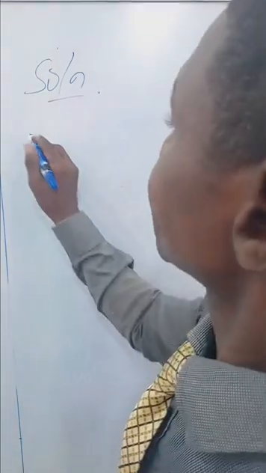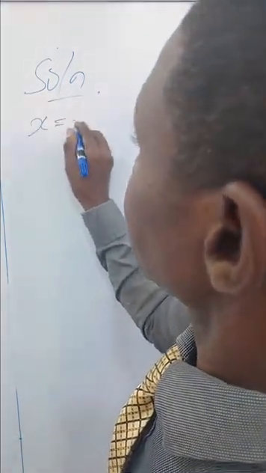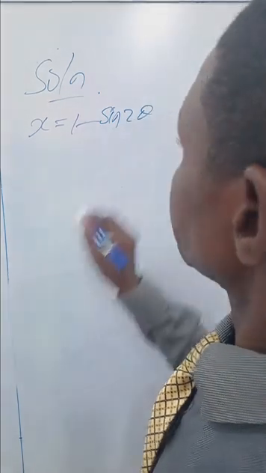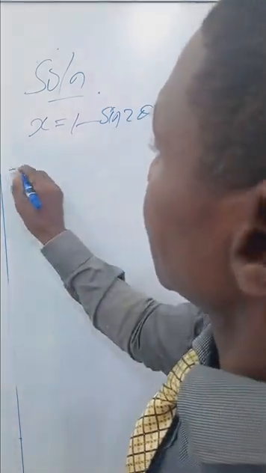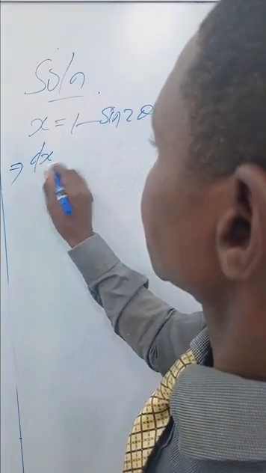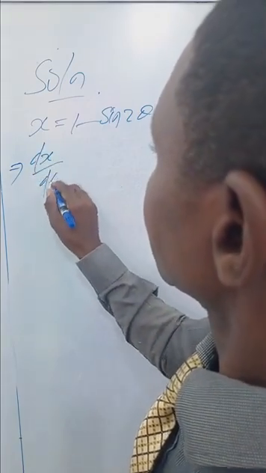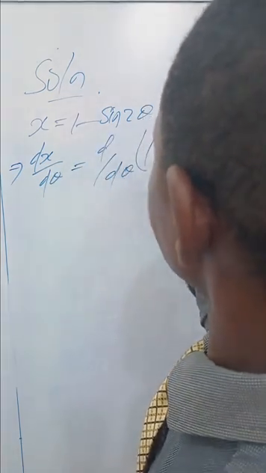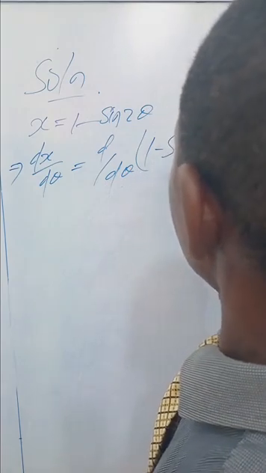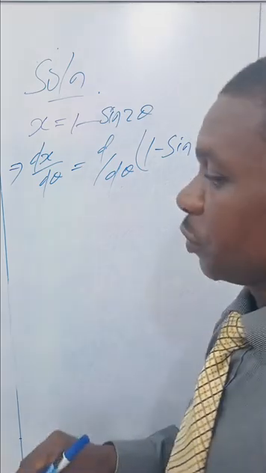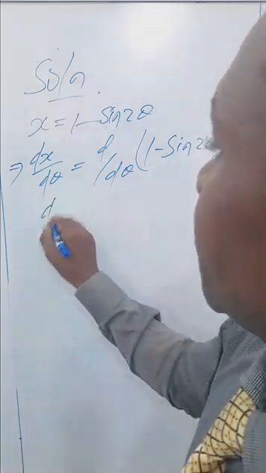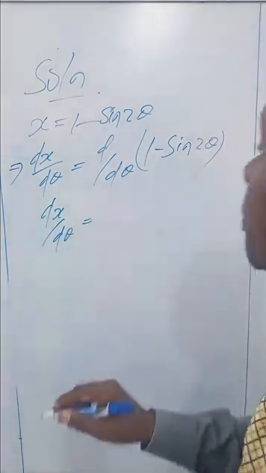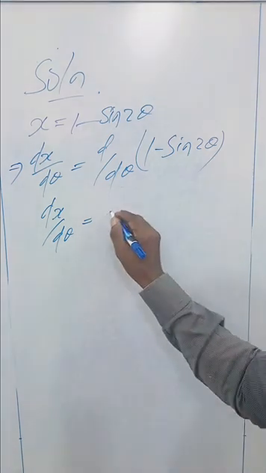From x equals 1 minus sine 2 theta, we get dx/d theta equal to the derivative of the right-hand side, that is 1 minus sine 2 theta. So dx/d theta will be equal to differentiating the constant, we get 0.